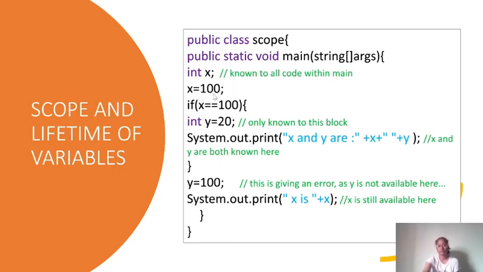So that is the scope of the variable x. Whereas when we look at the variable y, it is initialized inside this block of code under the if statement, which is going to be accessed only inside this block. If we try to access this variable outside this if block, it's going to show us an error.